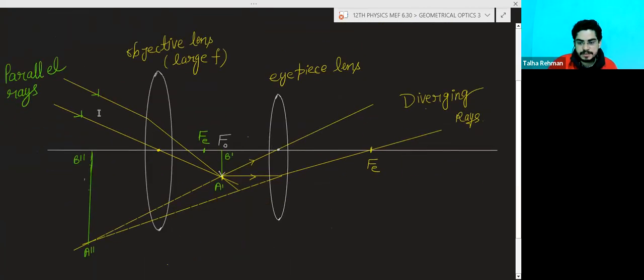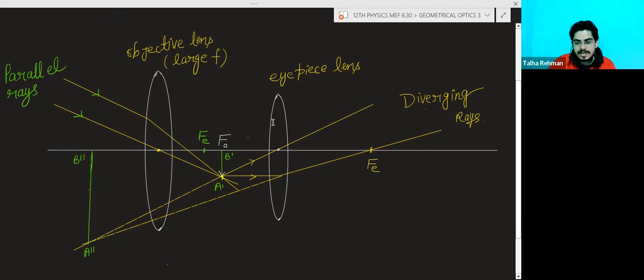Understand what is happening here. Parallel rays are coming. This is the objective lens. After passing from the objective lens, the image is formed here. Okay, because these rays are parallel, so image is forming at focus of the objective lens. Now this image will work as virtual object for the eyepiece lens.